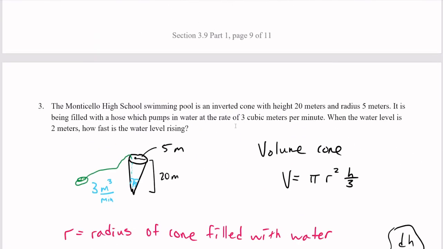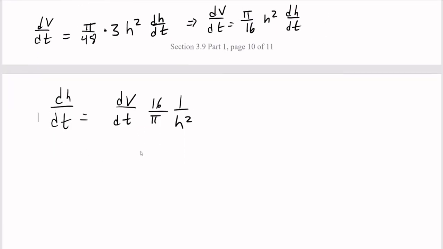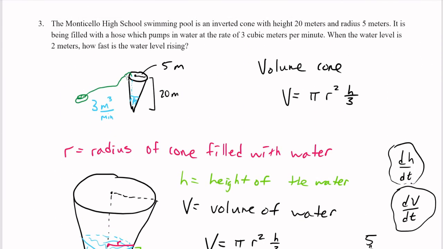We know that the volume is changing at 3 cubic meters per minute, and it's an increase, so positive. And we know that the level of the water is 2 meters. So let's plug that in. That's going to be 3 times 16 over pi times 1 over 2 meters squared. And this one is cubic meters per minute.